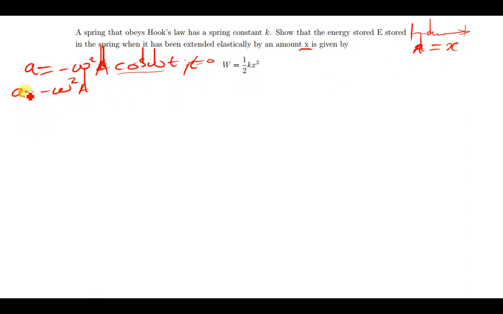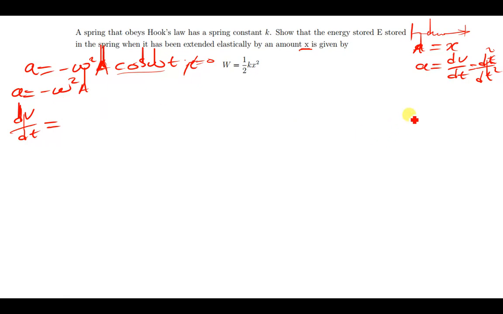You should also remember that acceleration can be written as dv/dt, which can also be written as d2x/dt2. So we write dv/dt there, and this is equal to negative omega squared x.